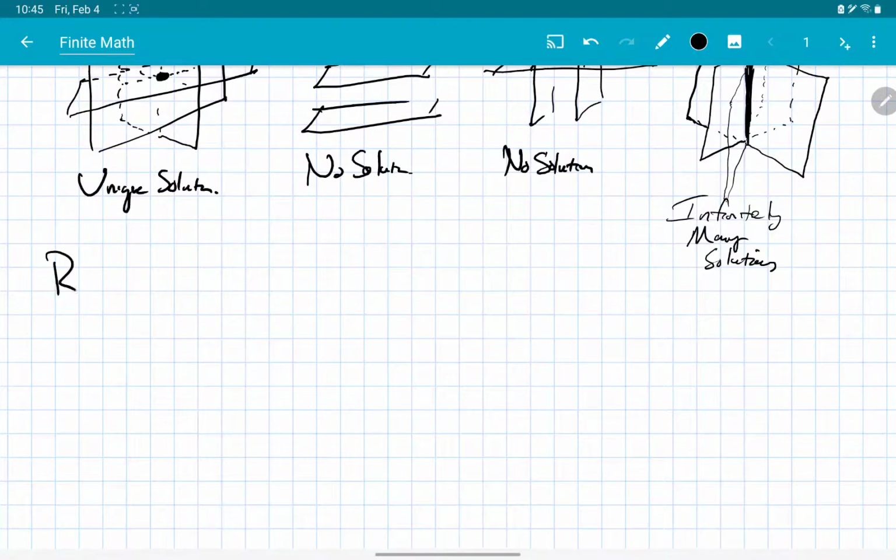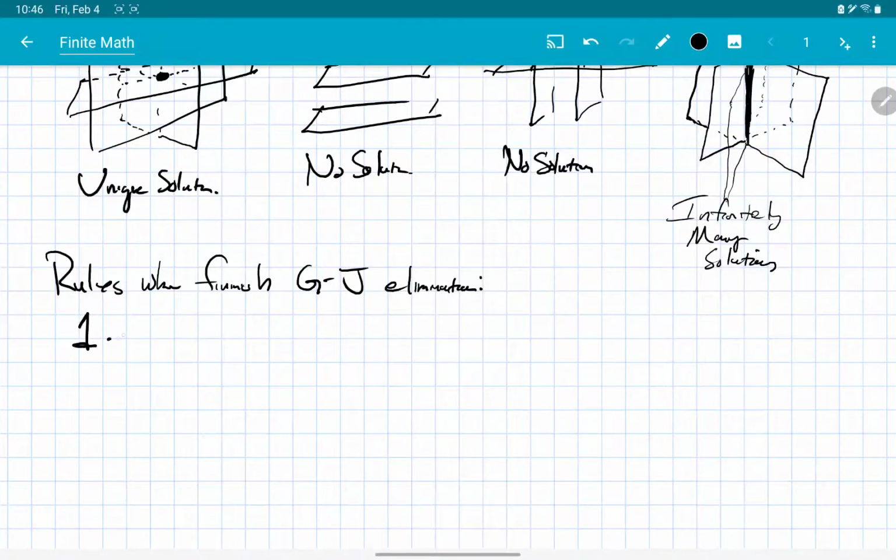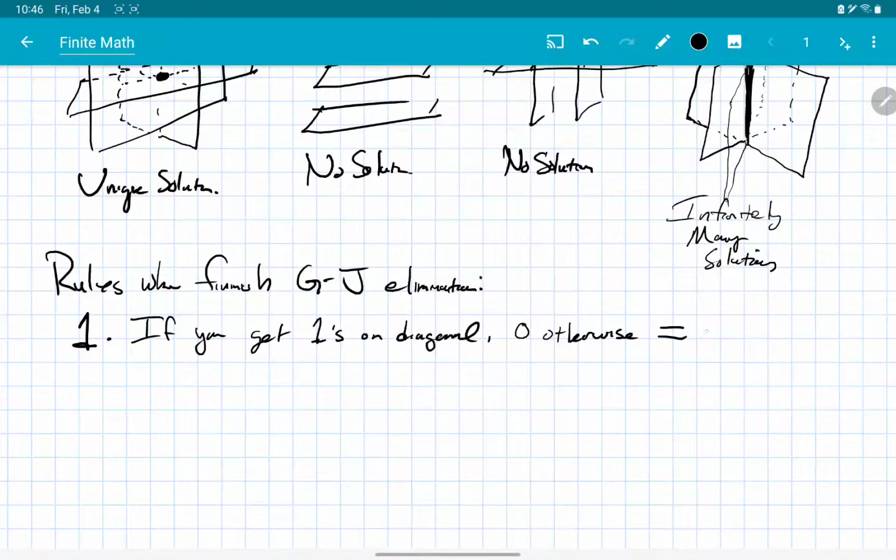Okay, so rules when finishing Gauss-Jordan elimination. Okay, the first situation is if you get 1s on the diagonal and 0s otherwise, that leads to 1 unique solution.